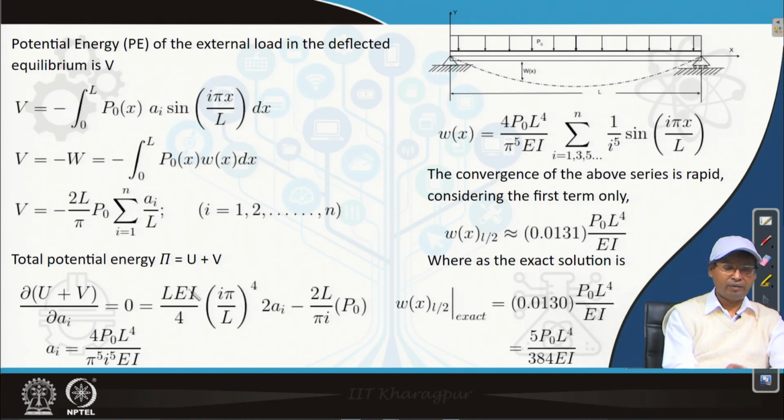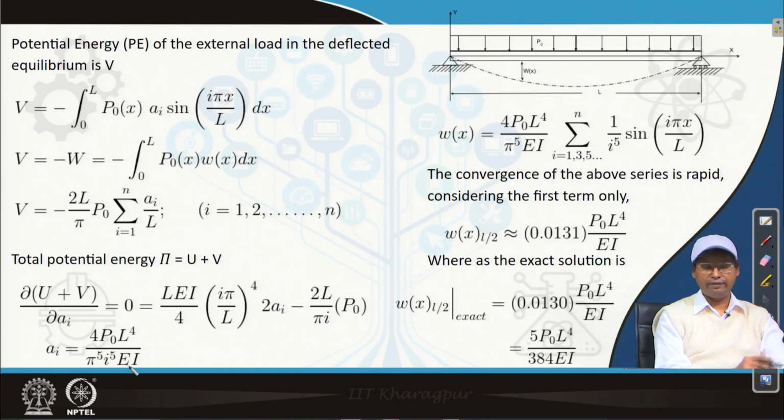So, summing up U and V and taking the partial derivative with A i gives us this relation, and that is equal to 0. This gives us that A i is equal to 4 p 0 L to the power 4 divided by pi to the power 5, i to the power 5, E I.